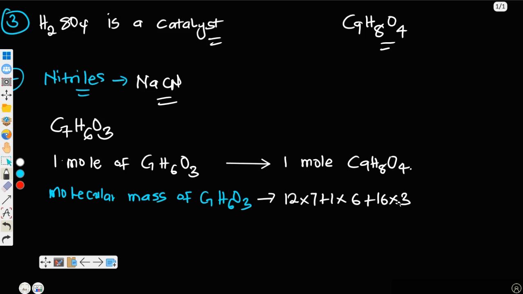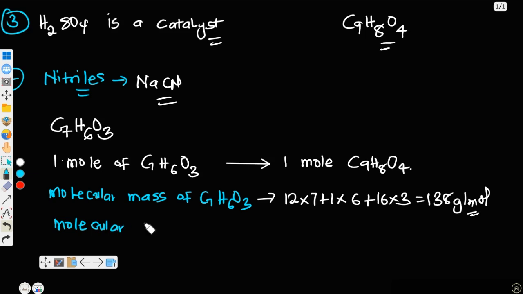So this will be 12 times 7 plus 1 times 6 plus 16 times 3. That is 138. 16 times 3 is 48, which gives 138 gram per mole. So this is 138 gram per mole. What this means is that 1 mole of salicylic acid contains 138 gram. How about the molecular mass of aspirin?